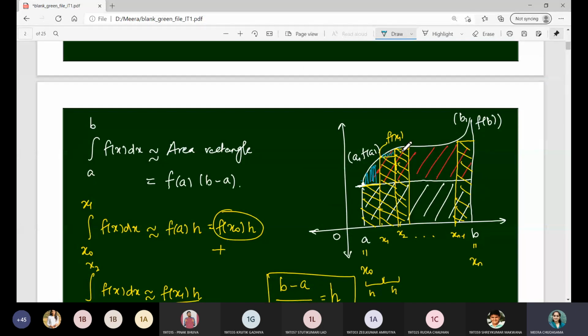So is this clear to everyone? What is the composite rectangle rule? Please raise your hand.